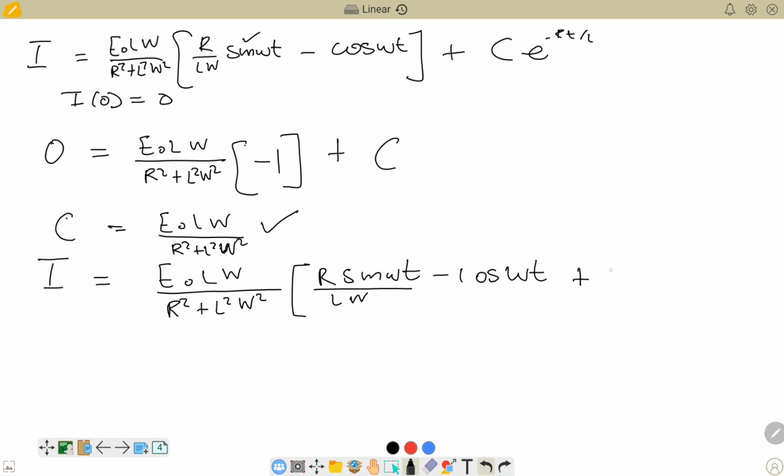Then we will have only e to the power RT over L inside there. So this is the final answer. I realized that I had to omit some of the steps here because it is a very long problem, and we were not working with numbers. We were working with constants of letters R, E naught, L and W. So that was a little bit confusing.